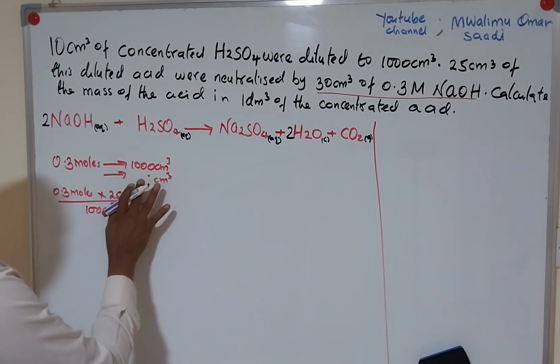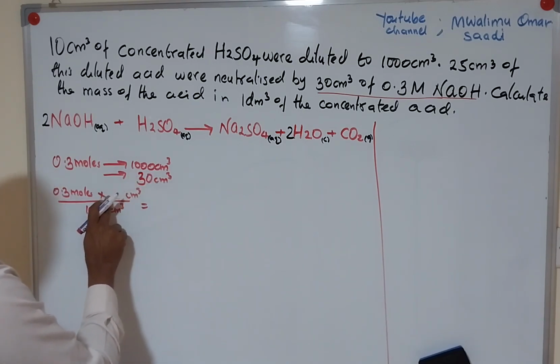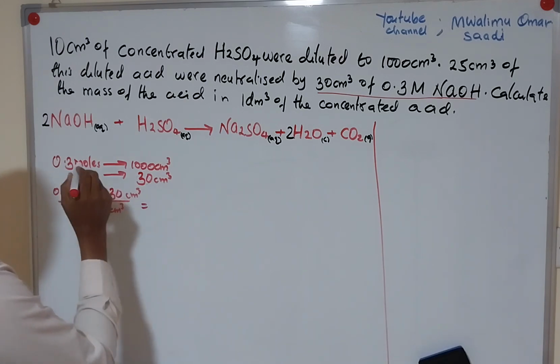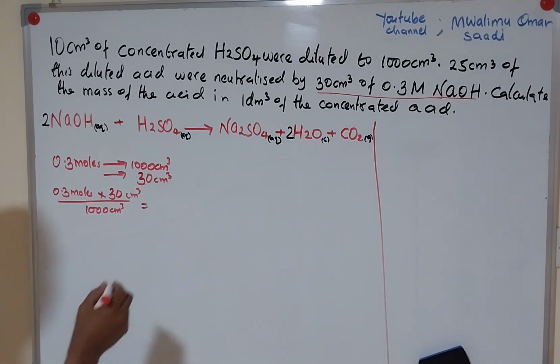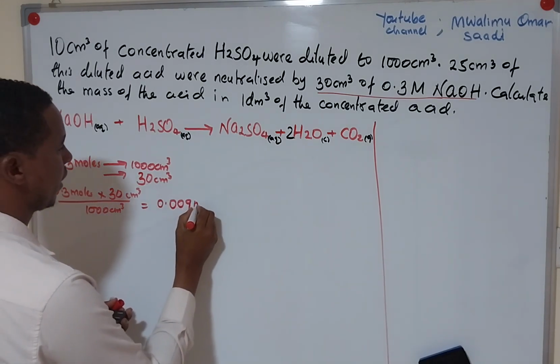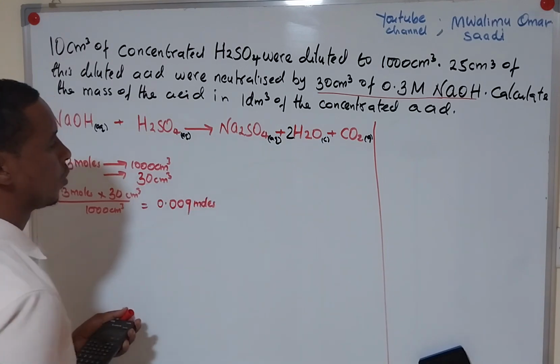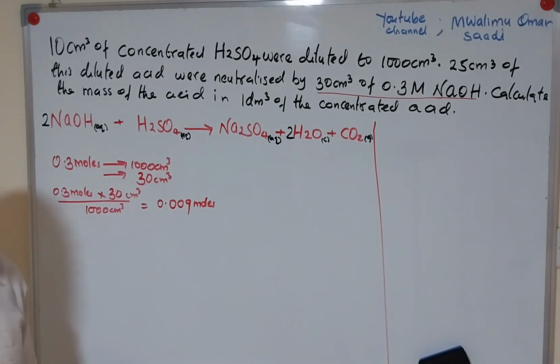This one is 30. So that will be 0.3 times 30 all over 1000 will give us 0.009 moles. So that is the number of moles of sodium hydroxide.